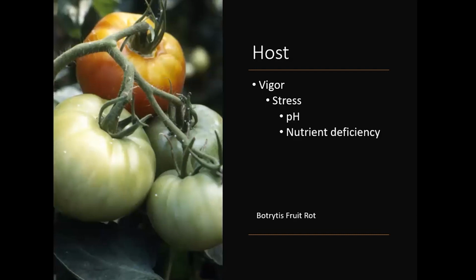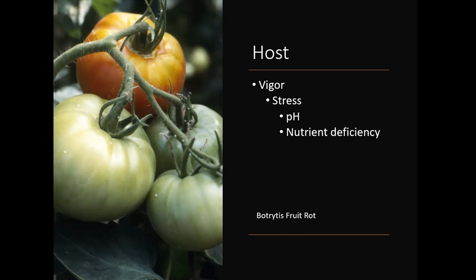Okay, so pH imbalances, nutrient deficiencies, those are all plant stresses. And plant stresses, again, can cause just weakening, cracking, whatever kind of a low vigor event. This is another botrytis fruit rot on these tomatoes.